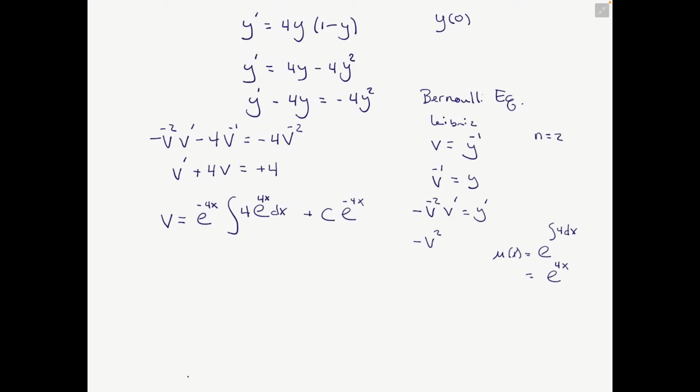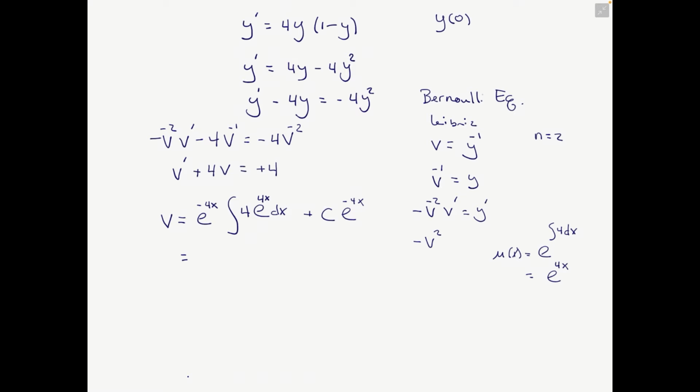Oh yeah, that's the equation. So we were given... no. Interesting. No, we were not given an initial condition. So we will then continue.